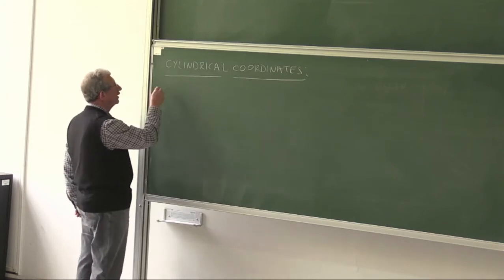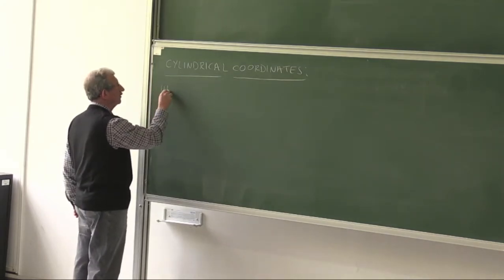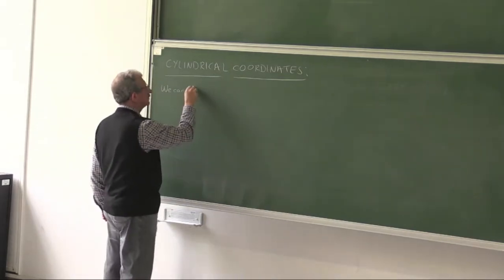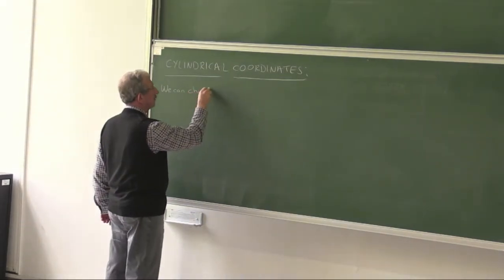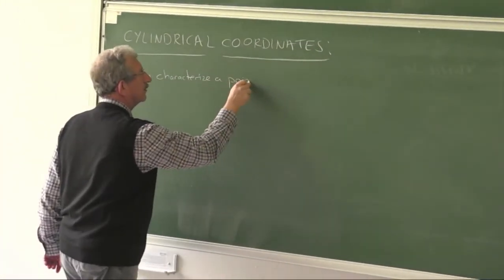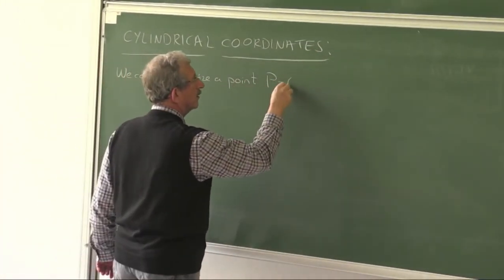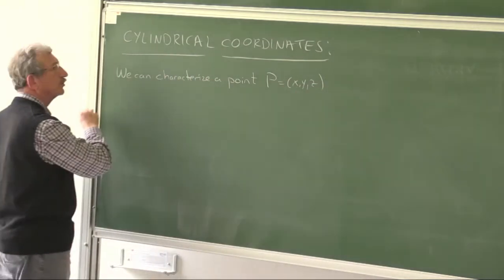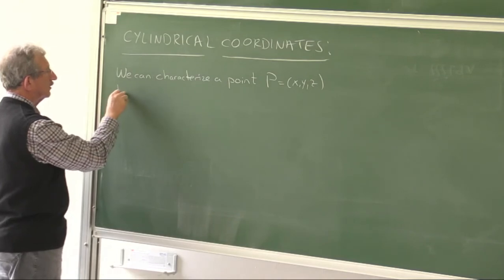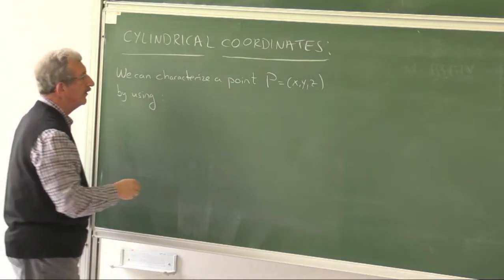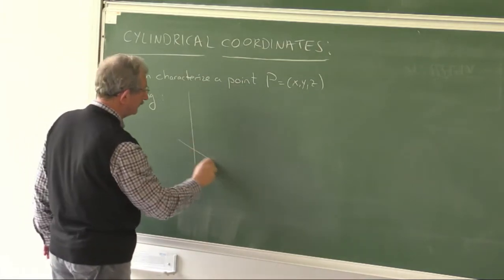Okay. We can characterize a point x, y, z. This is in Cartesian, of course, by using the 3 things in question in space.